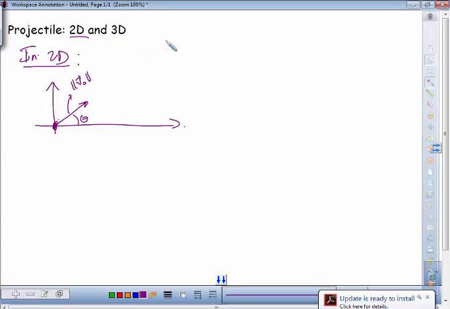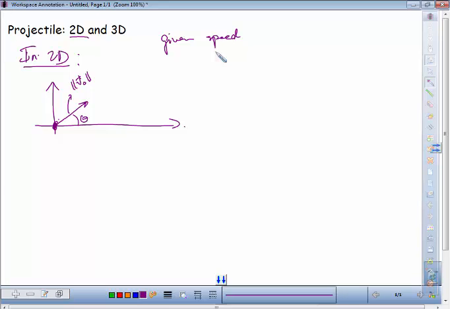So say given speed, and a lot of times they just call it v naught without an arrow on top. Remember, the arrow on top makes it a vector, and then if you take the arrow on top and with a magnitude, it just means it's a scalar.